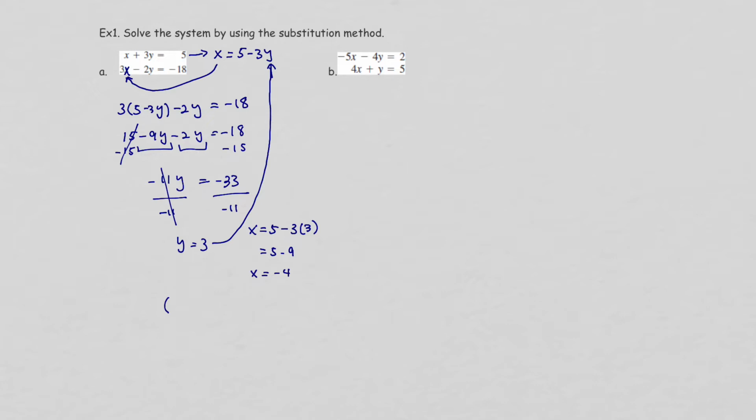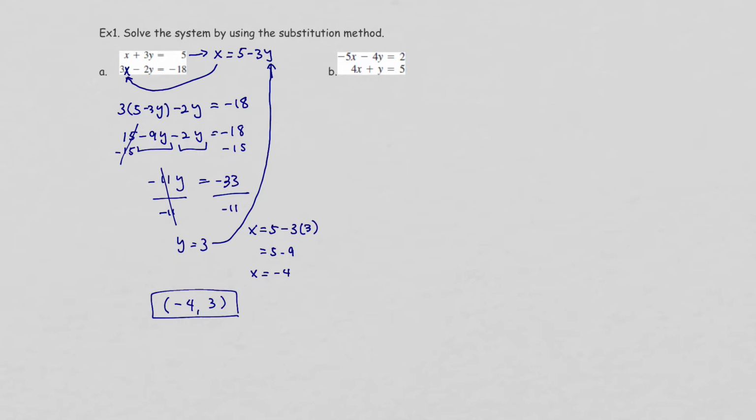So the point (-4, 3) will satisfy both equations, right? Otherwise, if you're graphing, this is the point where the two lines meet.